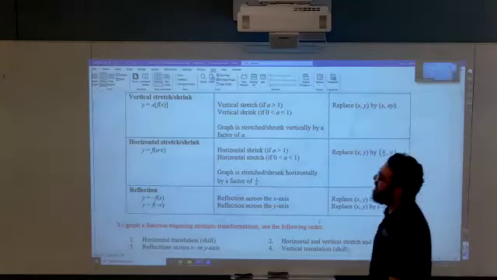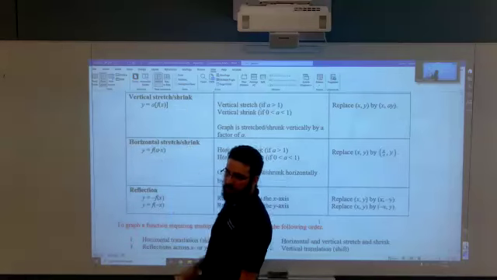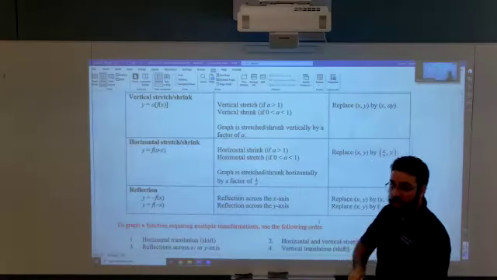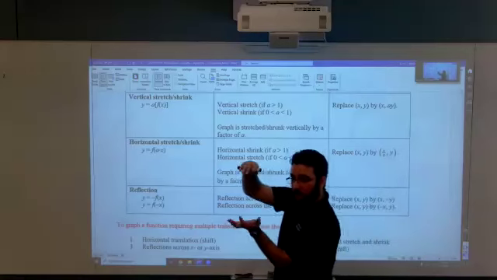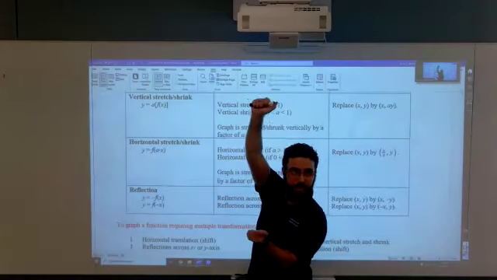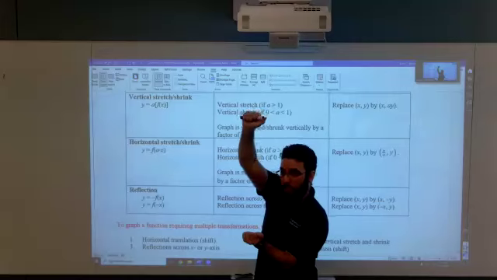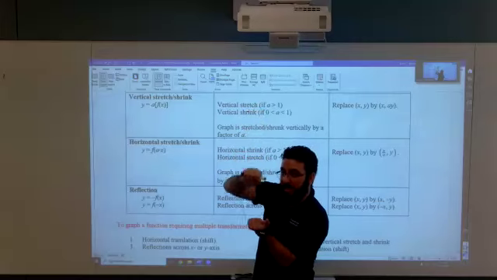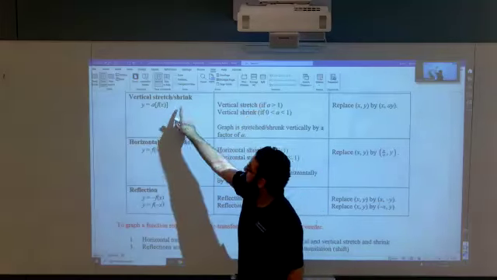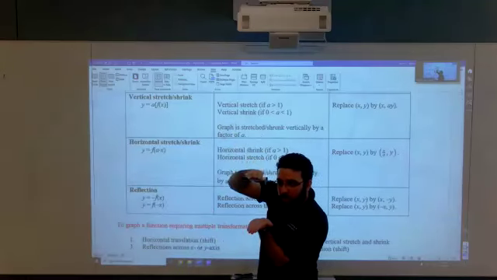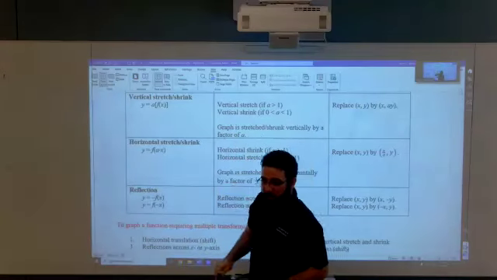It says vertical stretch or shrink. Now, vertical stretch, you're gonna hold the function like this and stretch it. Okay, so it's not gonna shift it. No, stretch the function. Or shrink, you're gonna press on the function to shrink it. Is that okay?